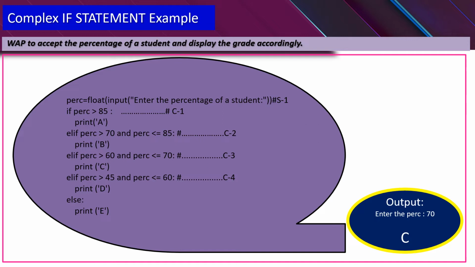If percentage is greater than 85, this is my condition 1, then set the grade to A. If the percentage is greater than 70 and the percentage is less than or equal to 85, then it will set the grade to B. If percentage is greater than 60 and less than or equal to 70, then set the grade to C. If the percentage is greater than 45 and less than or equal to 60, then set the grade to D. Otherwise, set the grade to E.